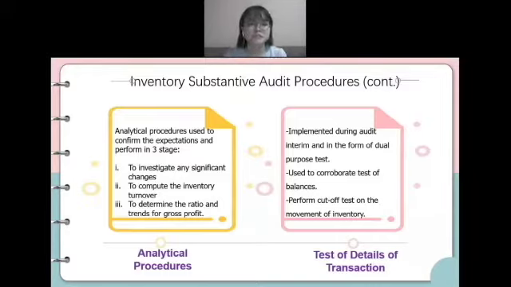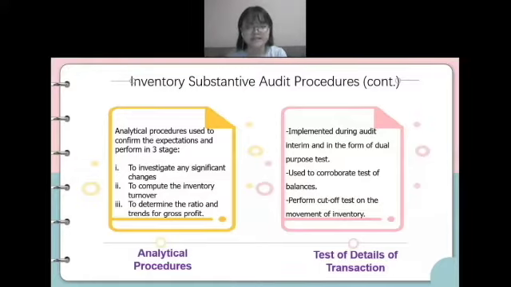Next, we will compute the inventory turnover ratio and compare the ratio for this year with the ratio of previous year. Thirdly, we need to determine the ratio and trends for gross profit. We need to compare the gross profit margin for this year with previous year. If there are unusual changes in the amount, then there is a possibility of material misstatement.